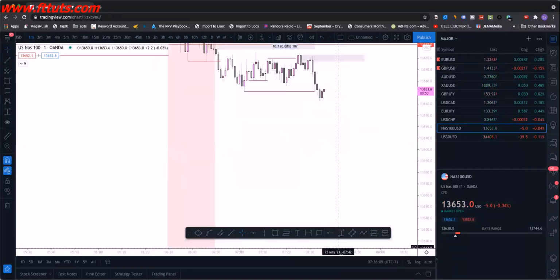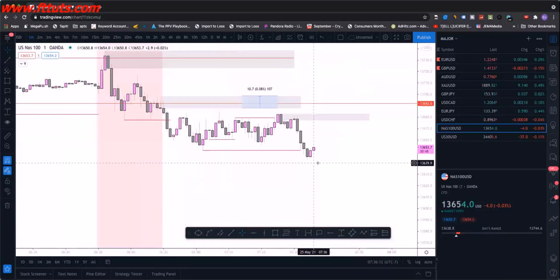You got a lot of room to sell down to too. So we can just keep entering trades on the sell side, obviously not holding the trades, but we know we can look for sells all the way down.